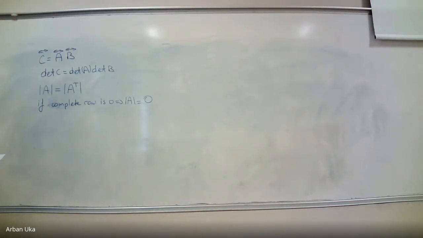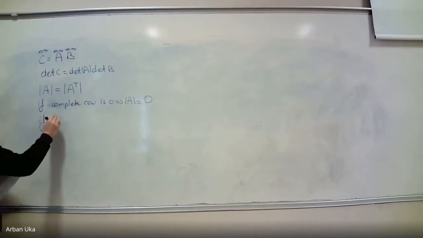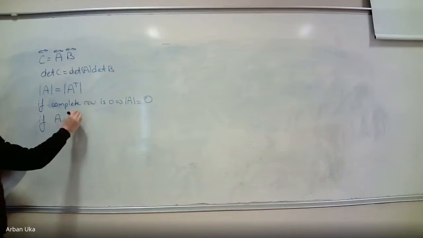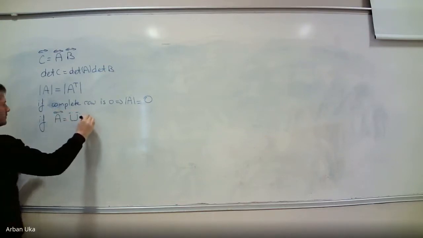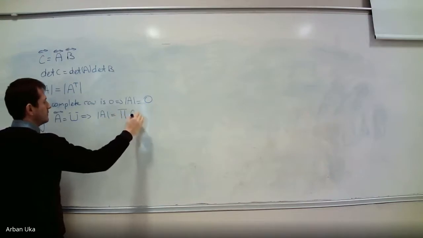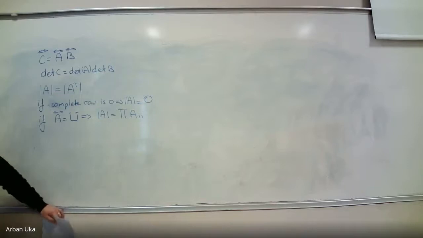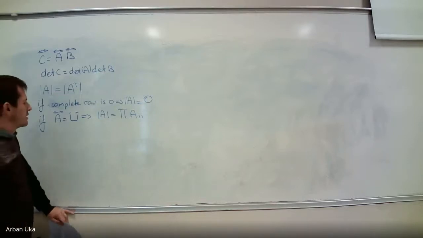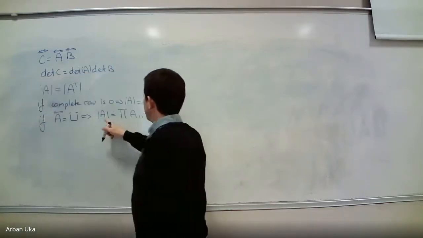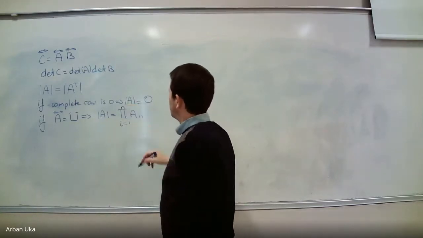Then we can say that if A is an upper triangular matrix, then the determinant of A is equal to the product of the diagonal terms, from i to n.